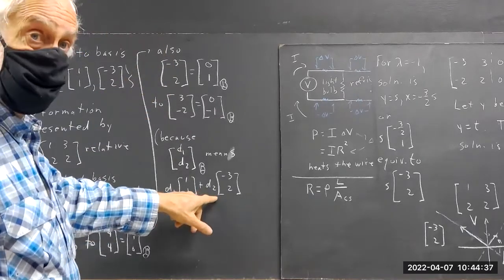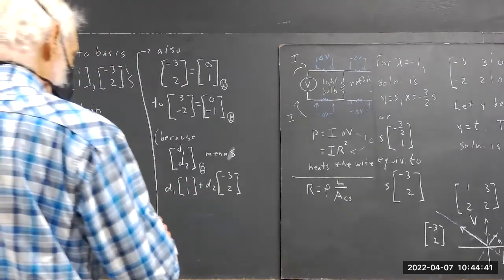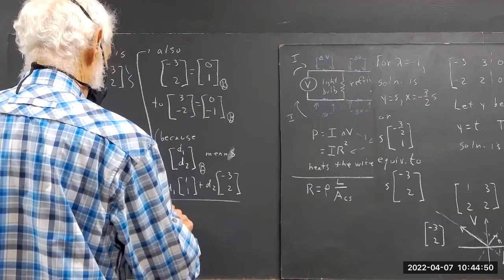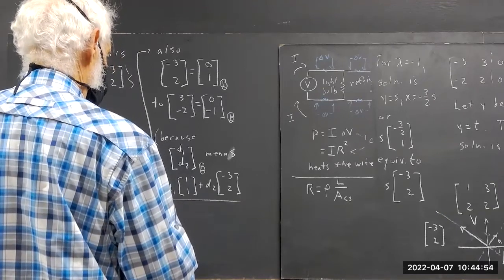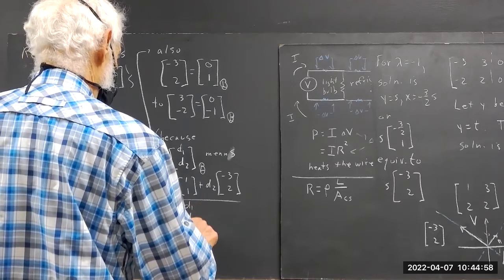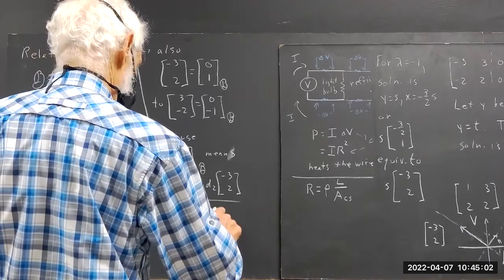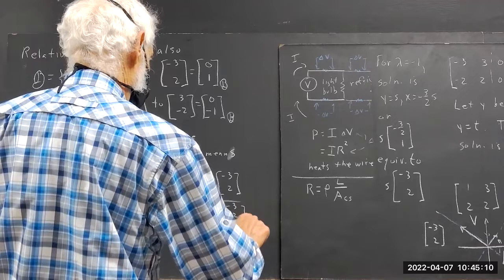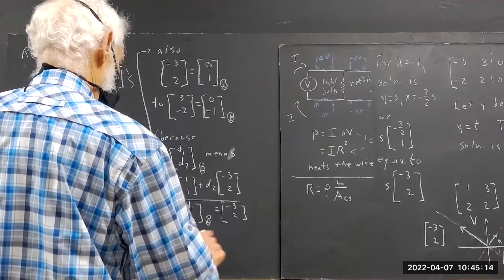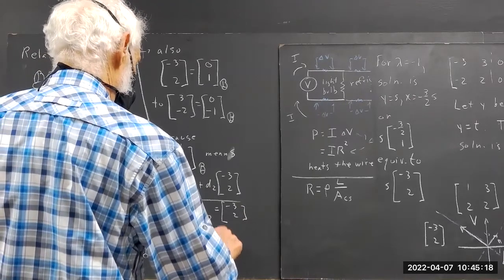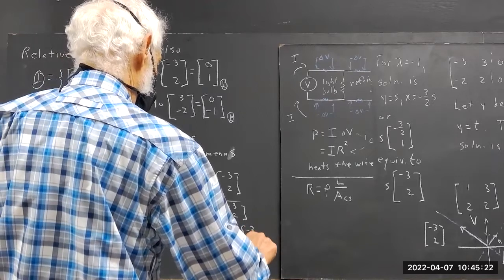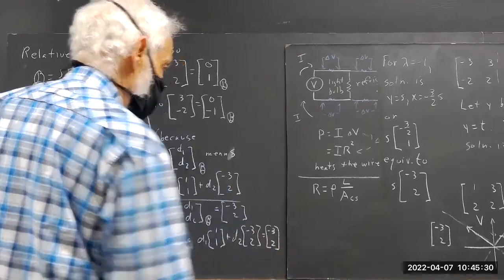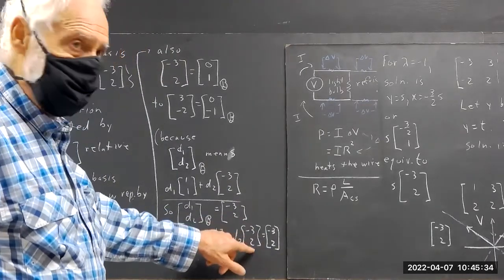Well, clearly that's D1 equals 0 and D2 equals 1. So that means D1 times 1, 1 plus D2 times -3, 2 equals -3, 2.